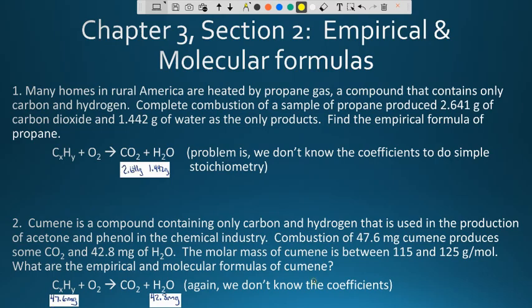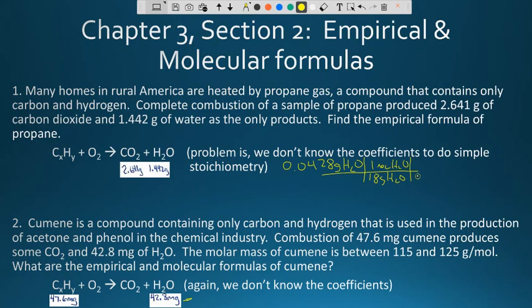All right, so let's take a look at my water first, and notice it's in milligrams. To do the mole conversion, we have to be in grams. So I'm going to start with 0.0428 grams of water. Okay, got to convert to grams first. We know that there's 18 grams of water in 1 mole of water.